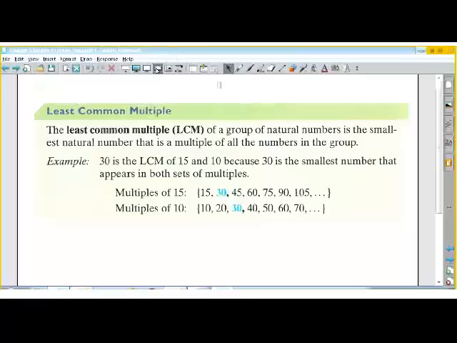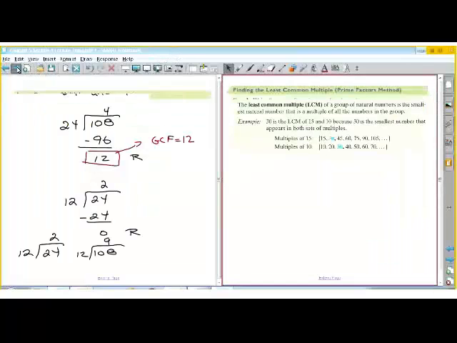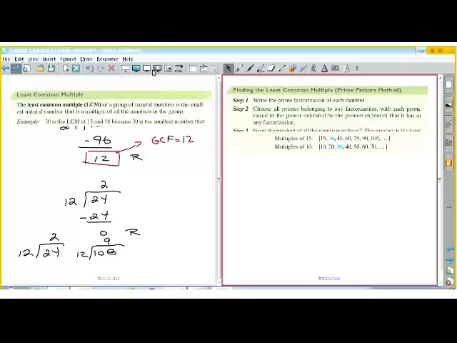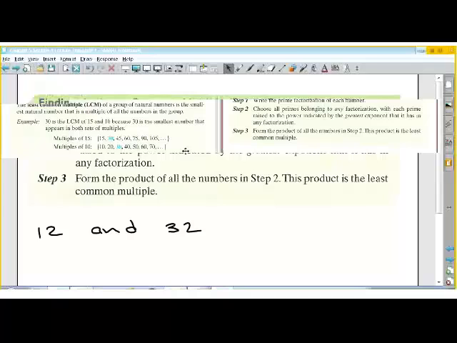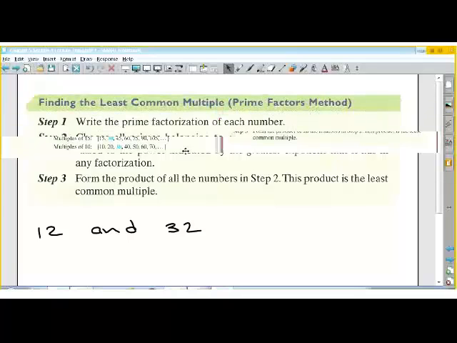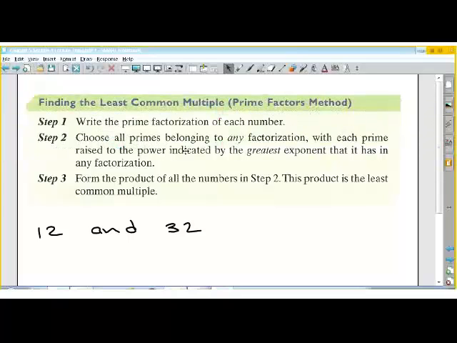So how do you do that? Well, there's two techniques. We don't have a third technique. We just have two techniques. So it's basically the same two types of techniques, except use a different rule to figure out what the answer is. So you still do a prime factorization of each number, but the new rule is you choose primes that belong not to all factorizations, but any factorization.